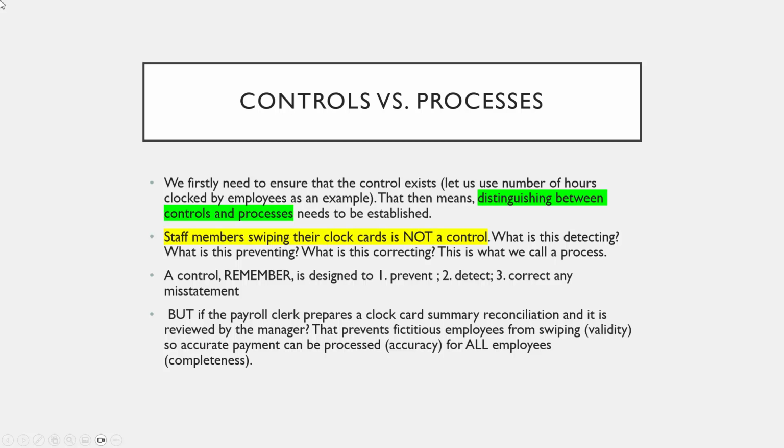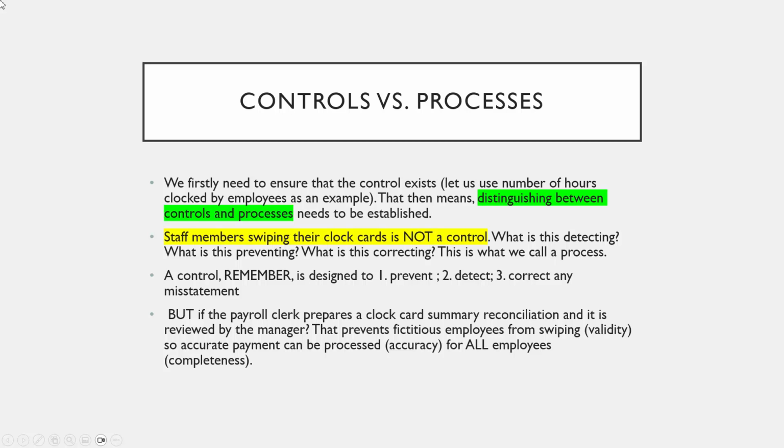So now let's look at this. If the payroll clerk prepares a clock card summary recon and it's reviewed and signed by the payroll manager, the reconciliation will prevent fictitious employees from swiping. So that's the validity part of it.